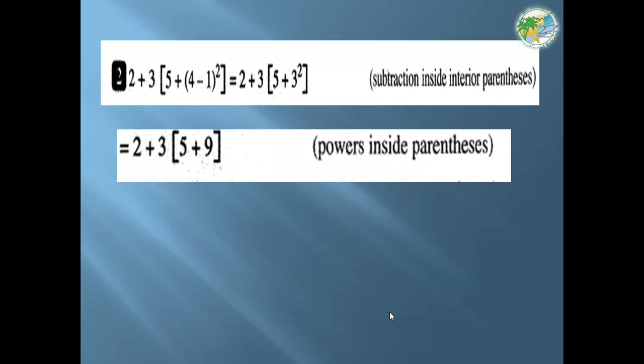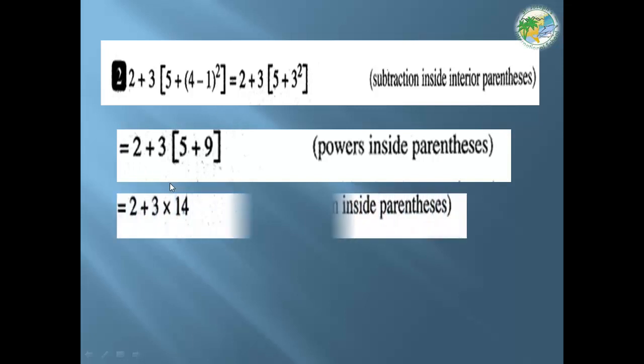we solved the interior brackets, 4 minus 1 equals 3 power 2. Okay, after we finish we can solve the power inside the bracket. Then 2 plus 3 times 5 plus 9. Now the addition inside the brackets will be 14.